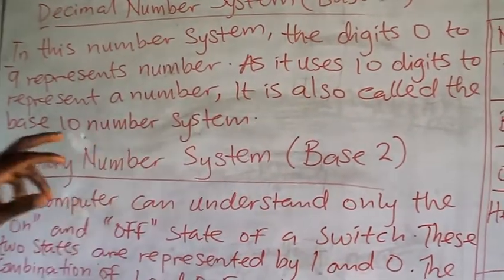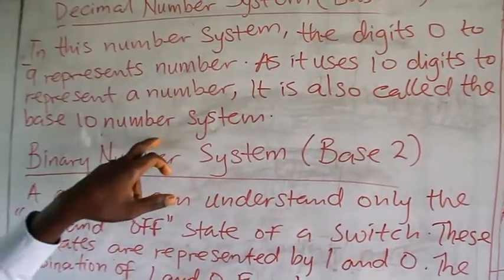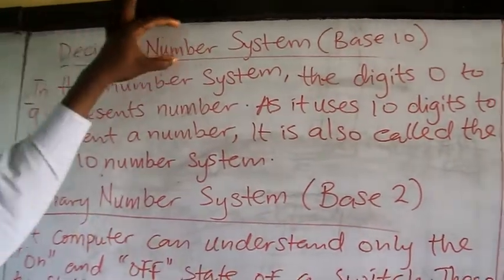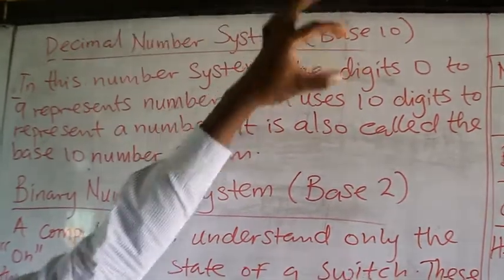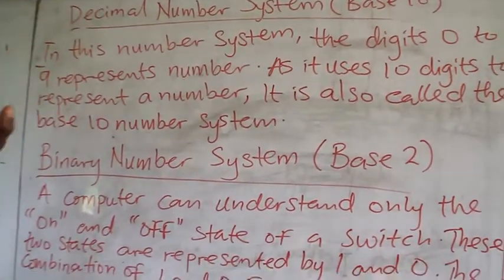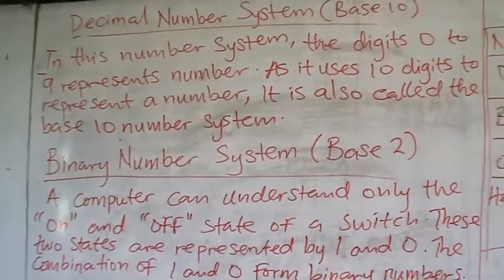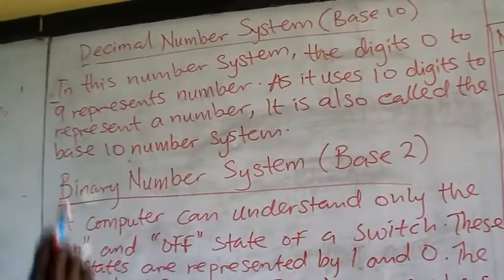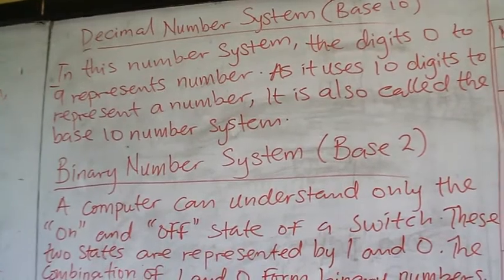It is also called the base 10 number system, that's why we have base 10 in the bracket here. So when you hear about the decimal number system, we are referring to the base 10 number system, which consists of 10 digits ranging from 0 to 9.